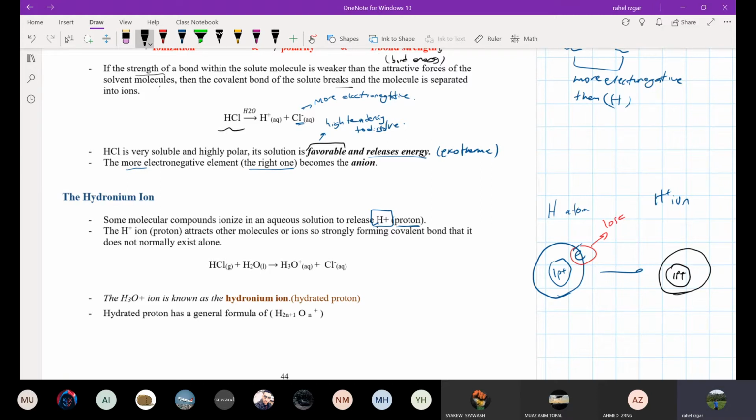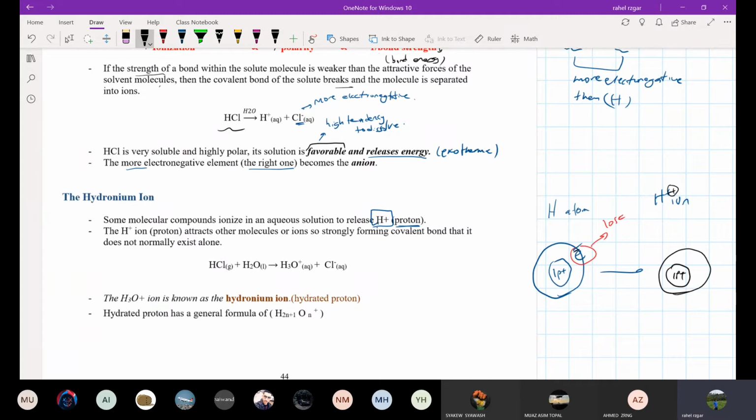Because all of you know, when we say an atom is neutral, what is the neutral? It means that the number of protons and the number of electrons around the shell are equal. If you have 10 protons, you have 10 electrons. 20 protons, 20 electrons. And when they become ions, it means that they will lose or gain electrons. If they lose electrons, they become positive. If they gain electrons, they become negatively charged.